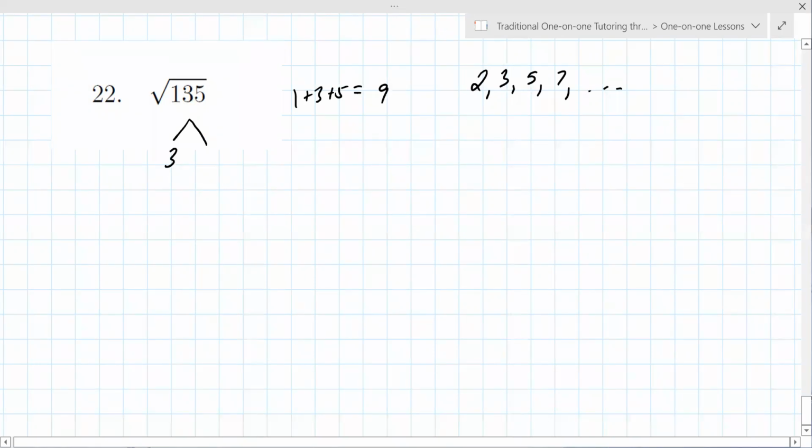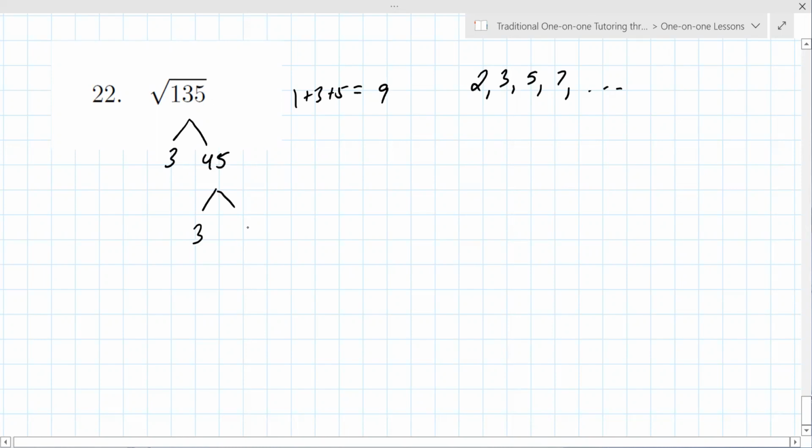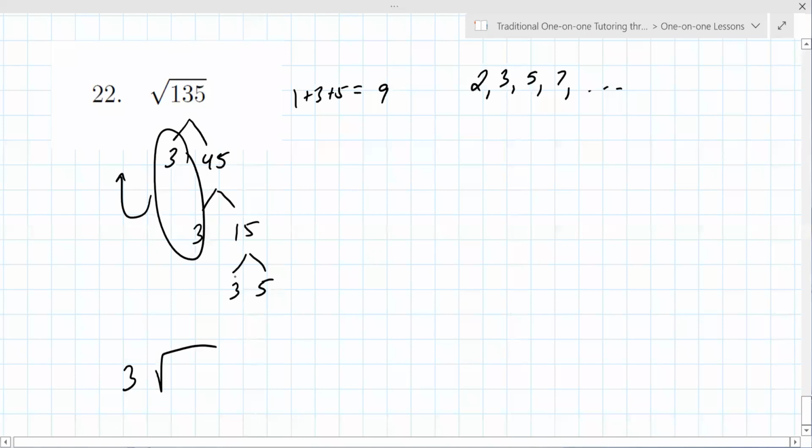If you need to in our lessons, you can use the calculator because time is kind of premium, but when you're doing this on your own, it would be better to work it out by hand. So we try 3 again. What number goes here? Can you tell me that? 15. Okay, and then you just keep trying it, right? So you bring a pair of 3s out, we bring a 3 out, and what's left over on the inside is 15.